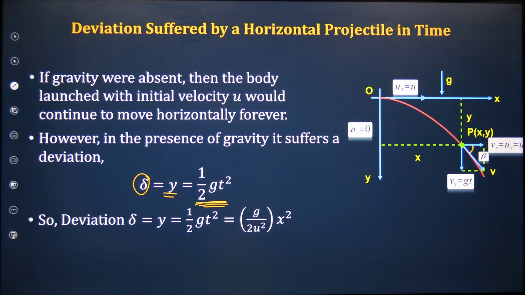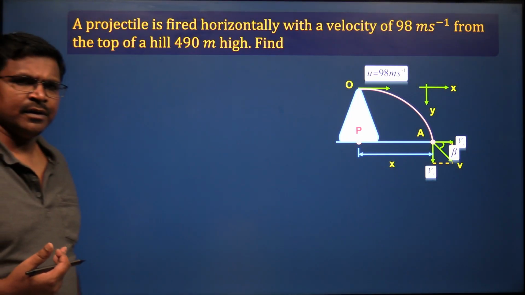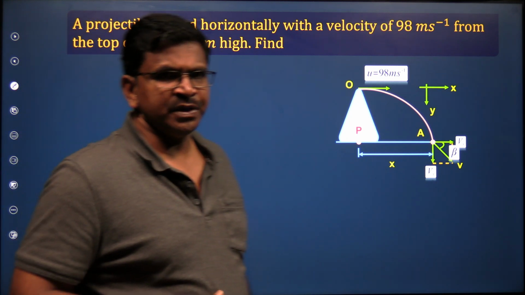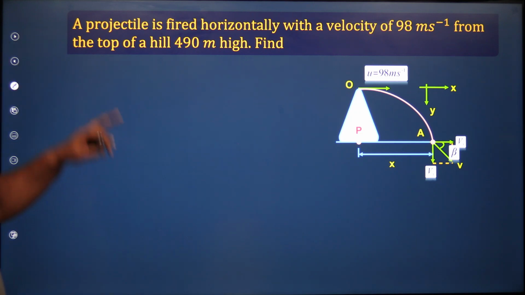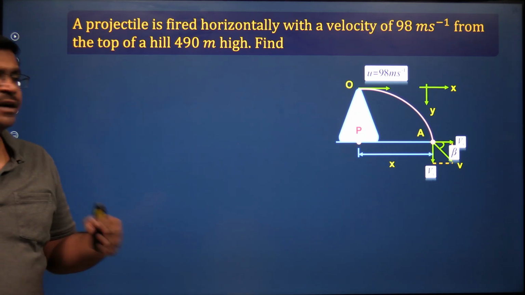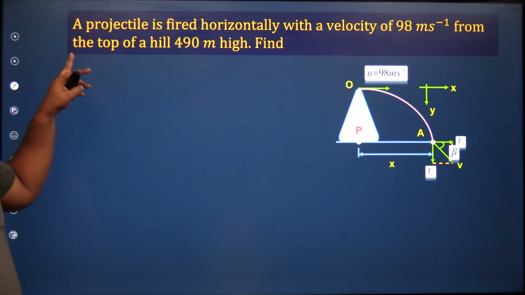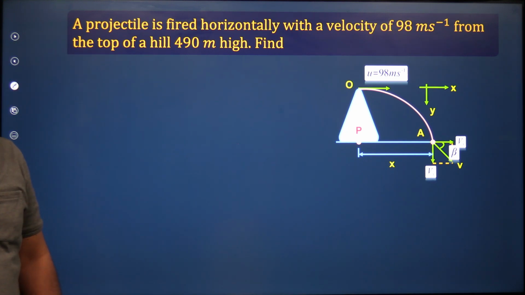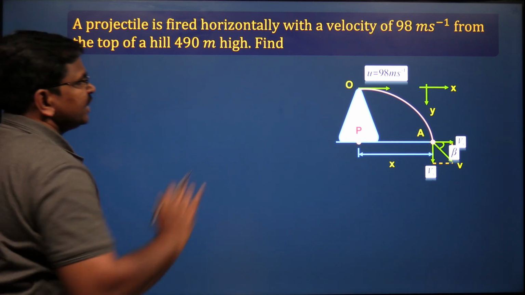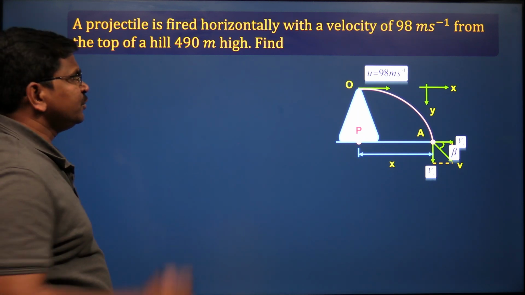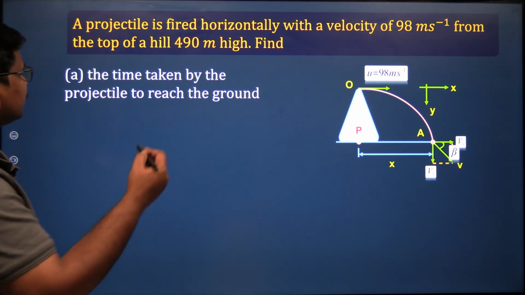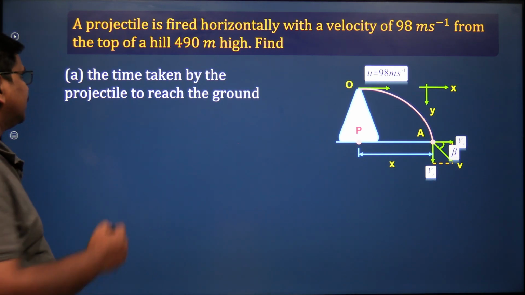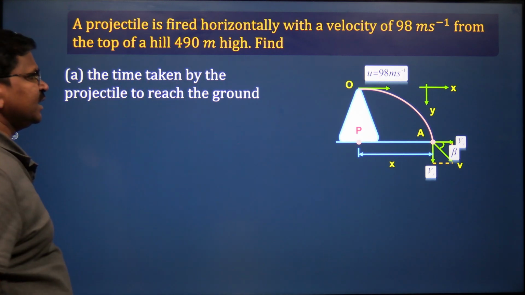Now, suppose I want to solve a numerical based on this. So this is the basic idea. Once you observe the question: a projectile is fired horizontally with a velocity of 98 meters per second from the top of a hill 490 meters high, and the corresponding diagram is available here. What is the data given here? u is given as 98 meters per second, and the question is to find the time taken by the projectile to reach the ground.